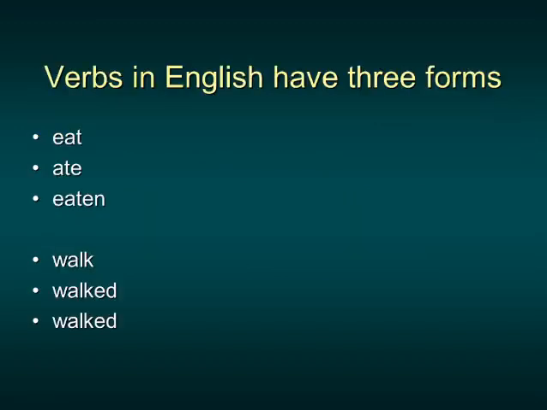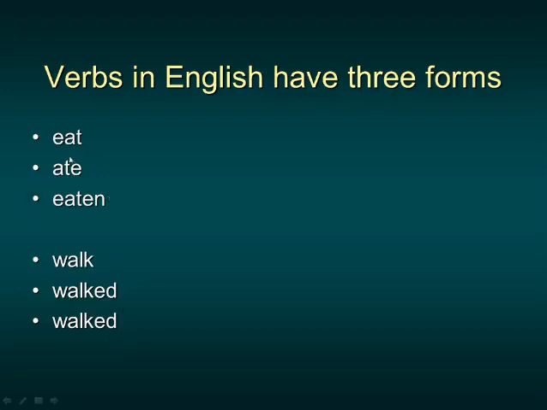Let's go a little bit deeper, then you will get more ideas about it. Verbs in English have 3 forms: eat, ate, eaten; walk, walked, walked. What are these? These are the forms of verbs. We also call them verb 1, verb 2, verb 3. So verbs in English have 3 forms: walk, walked, walked.